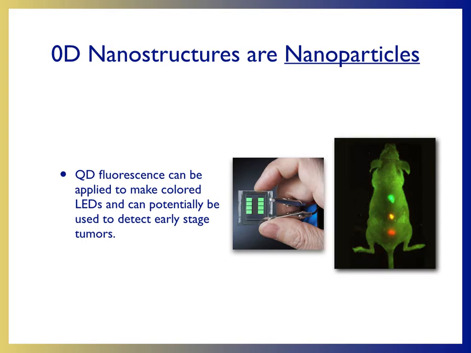These tumors can then be detected by simply shining a black light on the patient. This application is very limited because at the time, many quantum dots are made from poisonous materials such as cadmium, selenium, and sulfur.